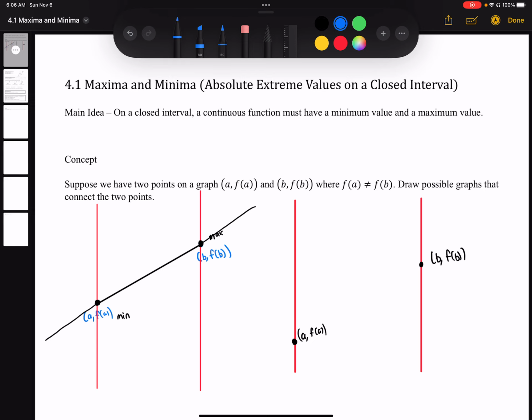Now if we didn't go from A to B using a line, then we could have a curve like a parabola where we go up, but then if we go up, we have to go back down. So now what we see is that here at this point, A, f of A, is the smallest value that's on or between the red lines. And this point B, f of B is not the highest value and it's not the smallest value. Our highest value occurs like here.